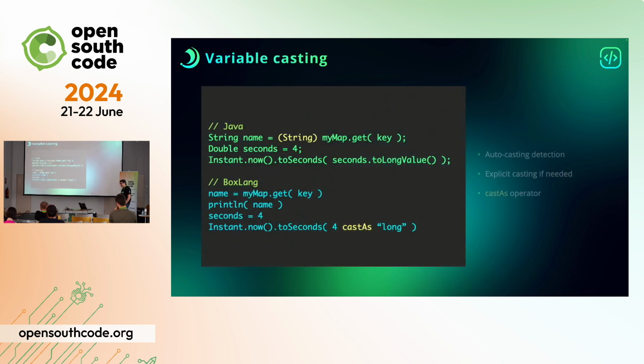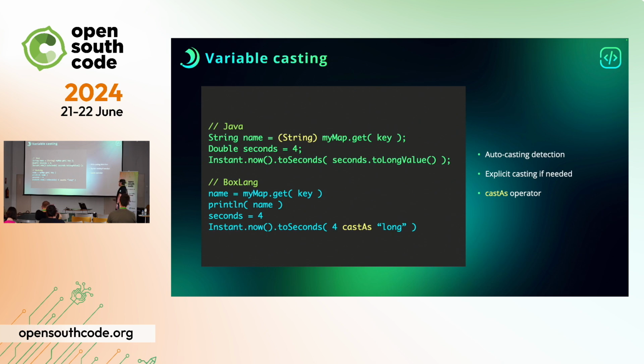Another major difference is casting. Casting is so important in Java when you're getting things, especially from maps, unless you do generics, right? But the idea in BoxLang is to provide that auto-casting detection for you. So we'll kind of poke things around and say, hey, are you a string? Or hey, are you a double, right? And try to help you basically get information out of your code.